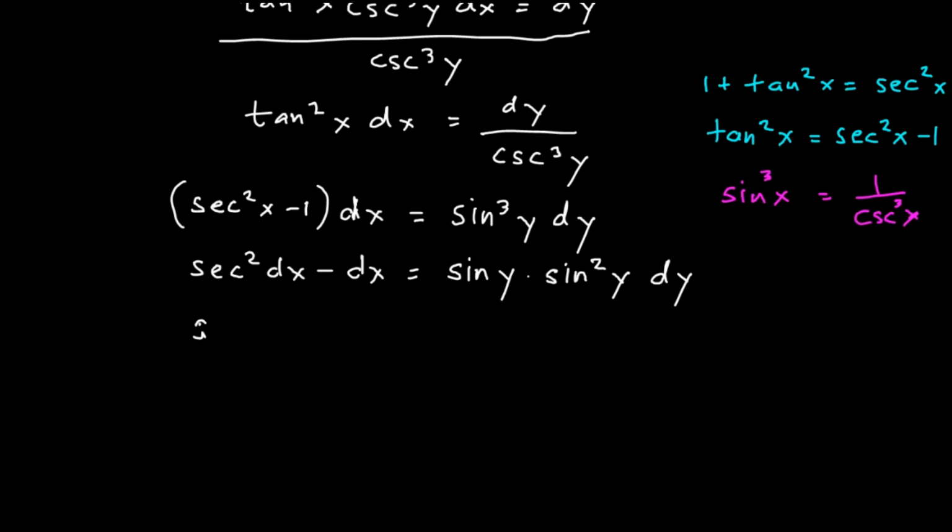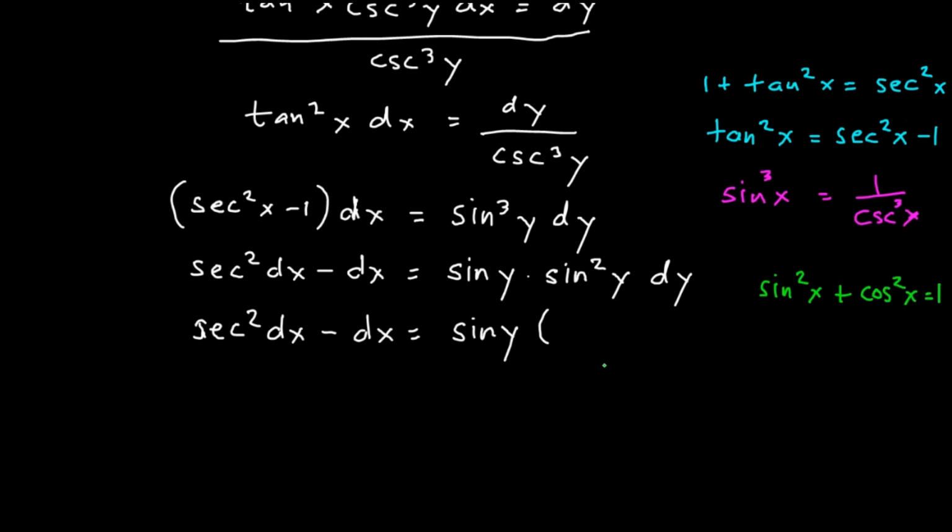So, we have secant squared dx minus dx equals sine y times sine squared y, meron namang identity dyan na, di ba, we have sine squared x plus cosine squared x equals 1.